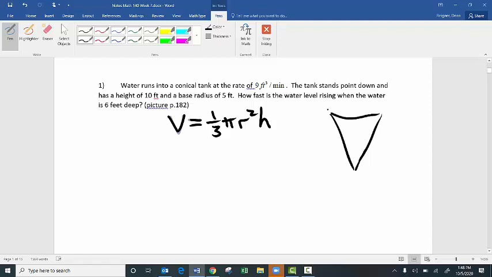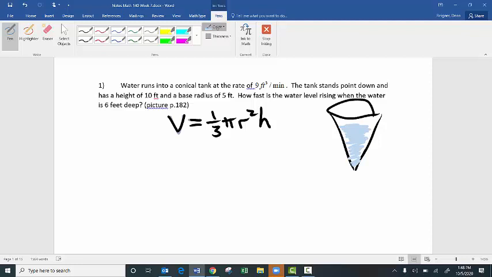It looks like this. And as water is going into this tank, you can see that the height is getting bigger. The radius is getting bigger, as volume of water goes in this tank. So what we want to do is find out how fast the water is rising.